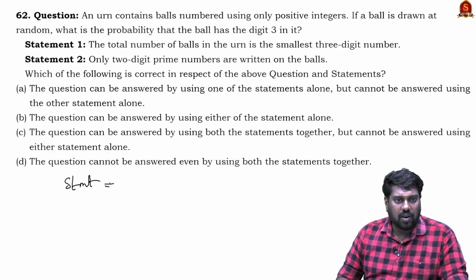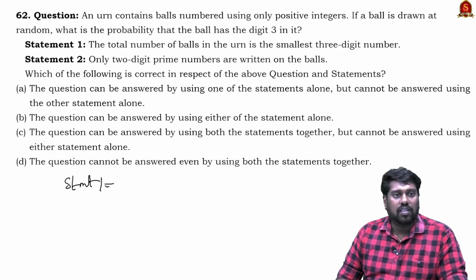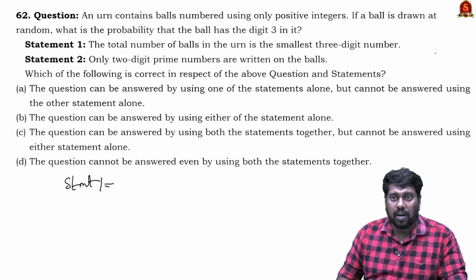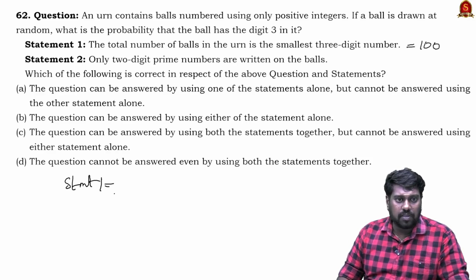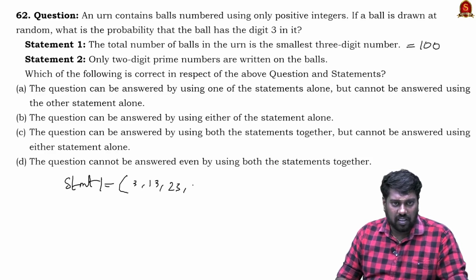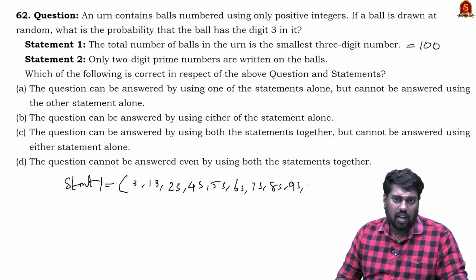According to statement 1, the total number of balls in the urn is the smallest 3-digit number. What is the smallest 3-digit number? It is nothing but 100. So we are going to list out all the numbers which have the digit 3 up to 100. What are the numbers which have 3? 3, 13, 23, let me leave 33, 43, 53, 63, 73, 83, 93, and then up to 100 it is over.